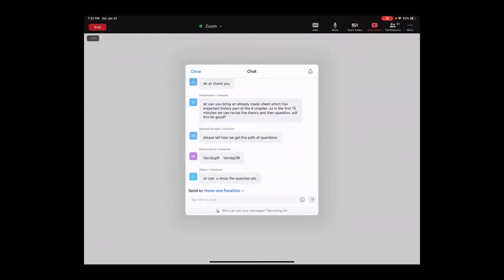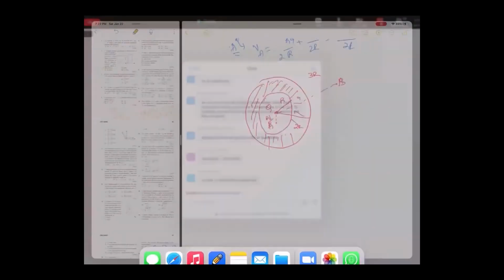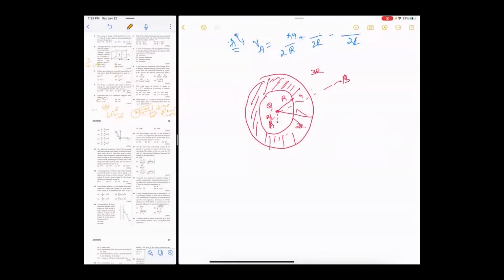In the afternoon after lunch, recap the concepts of electrostatics and current electricity, the chapter of the day. Then come to the session, then see how you are applying the concepts in the session.